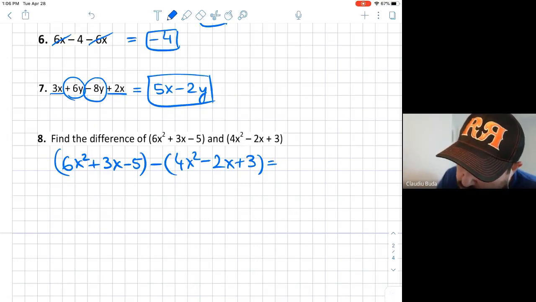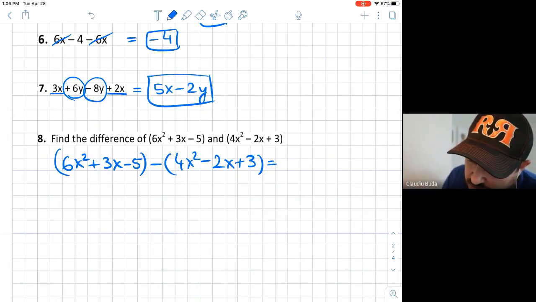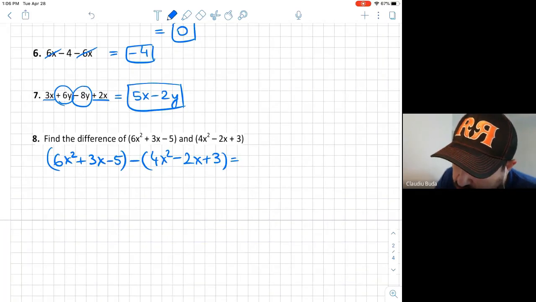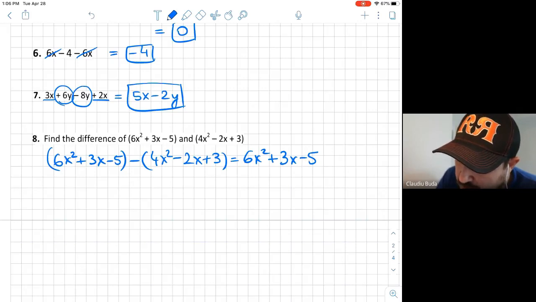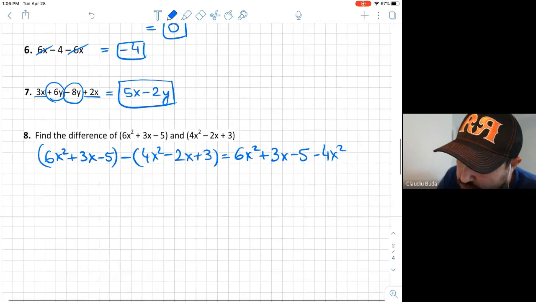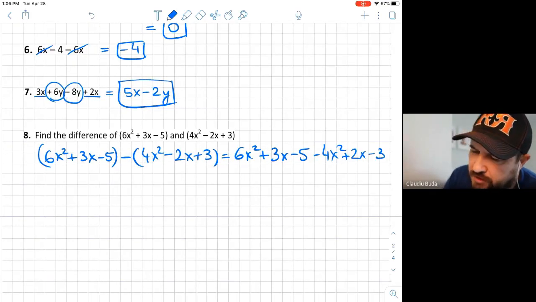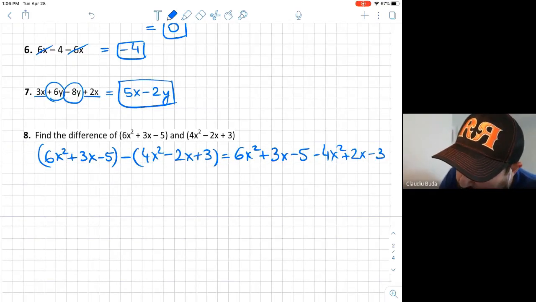So first we're going to have to change the sign of the terms in the second polynomial. So we're going to copy the first one, 6x squared plus 3x minus 5, minus 4x squared plus 2x minus 3. Now we're going to identify the same terms, like terms.